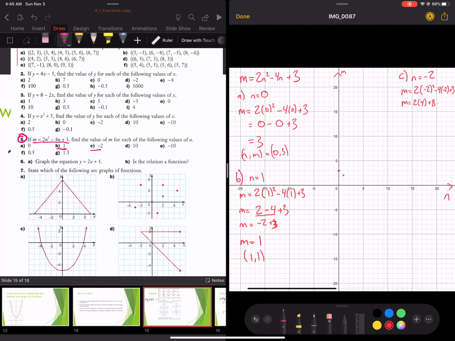Plus 8 plus 3. M is equal to 8 plus 8 plus 3, which is 16 plus 3, or 19. So at minus 2, we end up getting a point like that. It's kind of interesting.